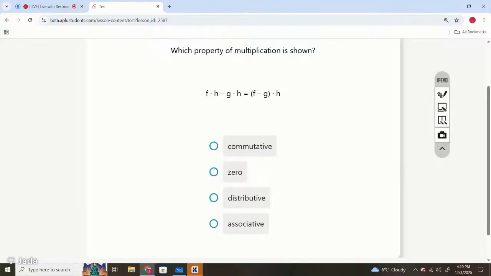Which property of multiplication is shown? F times h minus g times h is equal to f minus g times h.